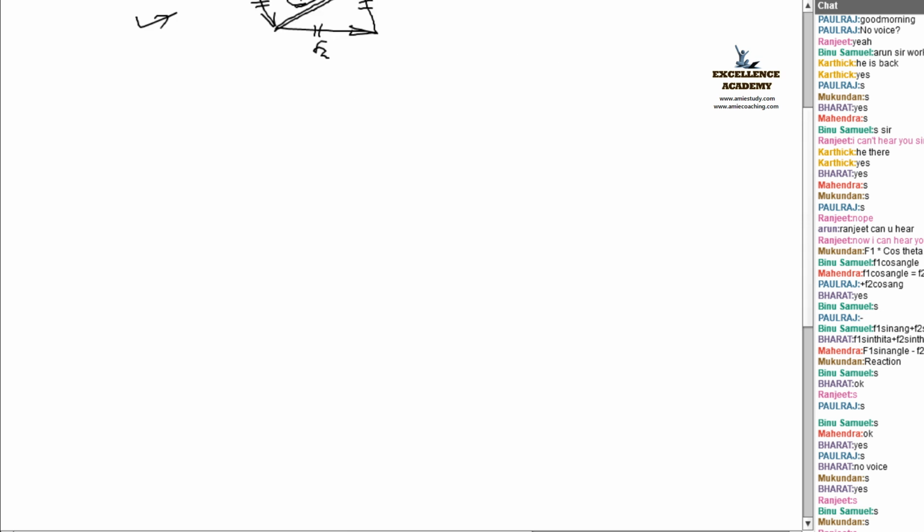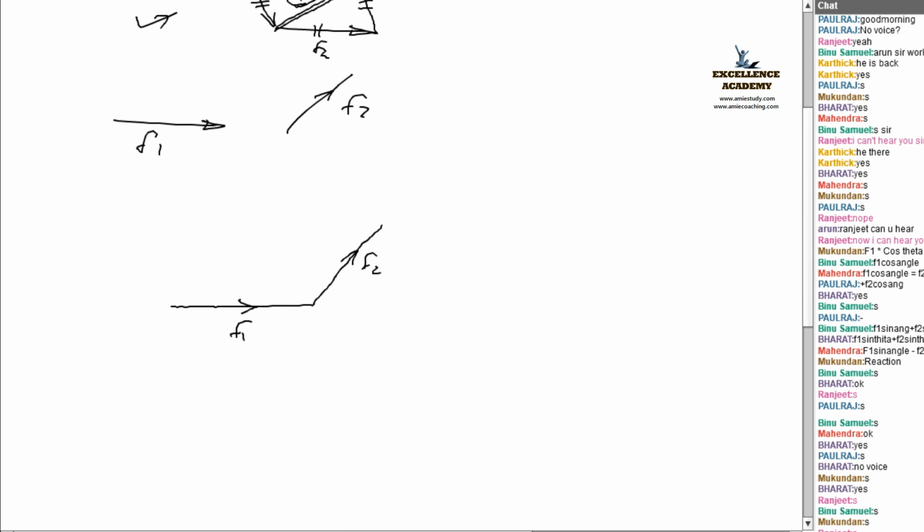Triangle law of forces. Two forces, F1 and F2, are there. I take F1 along one side of the triangle and F2 along the other side of the triangle, say F1, F2.